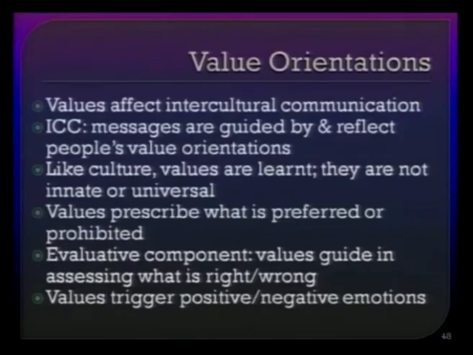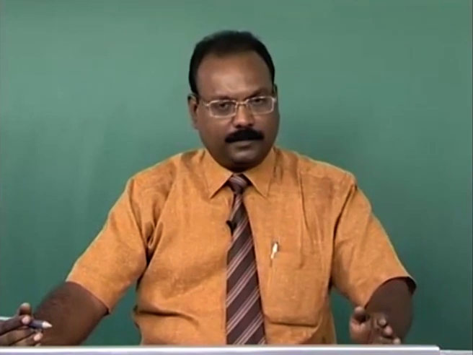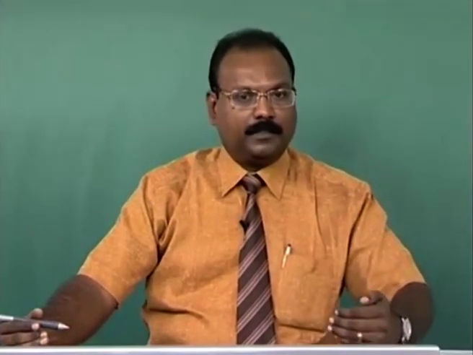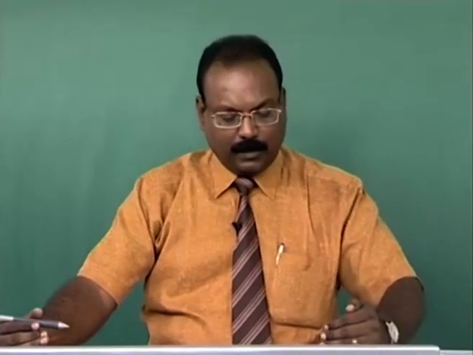One culture says this is what is preferred in our value, and another culture says no, this is prohibited, and again vice versa. There are certain things which are universally preferred or universally prohibited in most cultures, but cultures vary, and accordingly they vary the preferences and prohibitions.